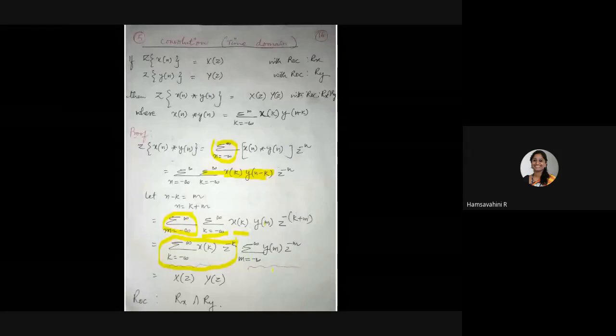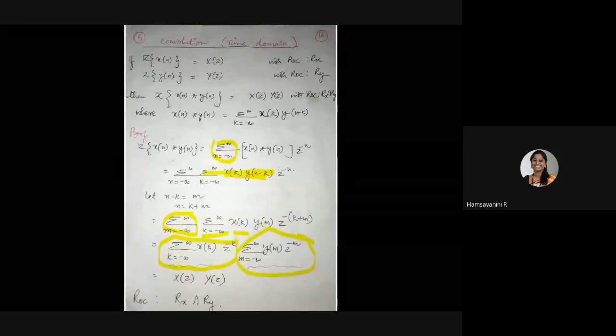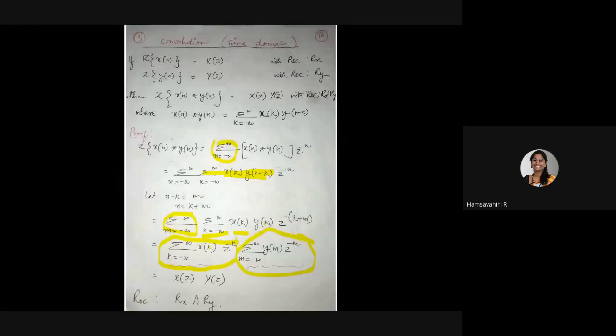The second term is m equal to minus infinity to plus infinity, y of m and z power minus m. If you observe this, in place of n I have k, so this expression can be written as the z transform of x of k, that is X of z.